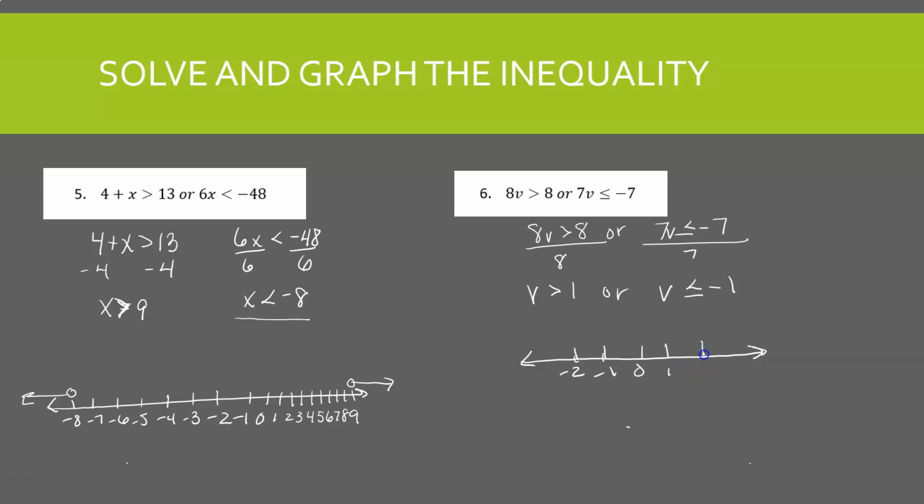So I have b is greater than 1, open circle, and b is less than or equal to negative 1, closed, all the way closed.